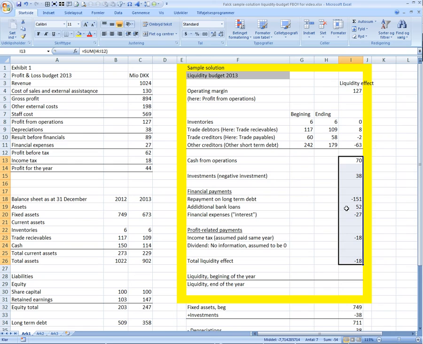What is wrong? Total liquidity is minus 18.